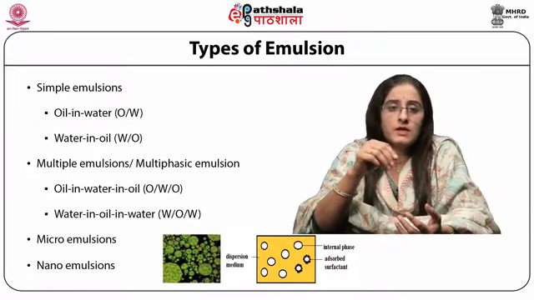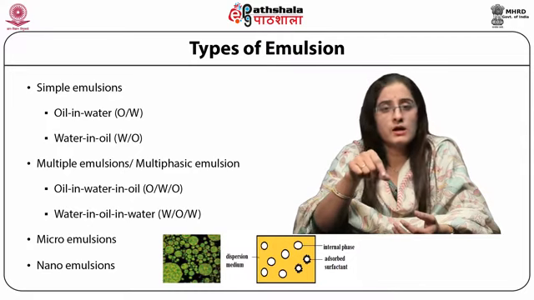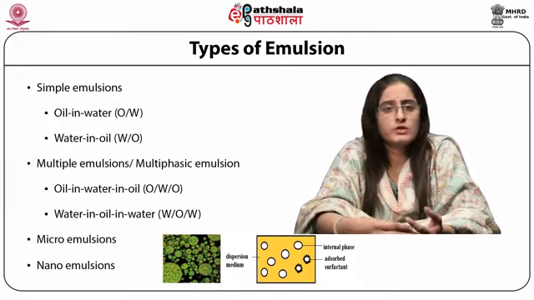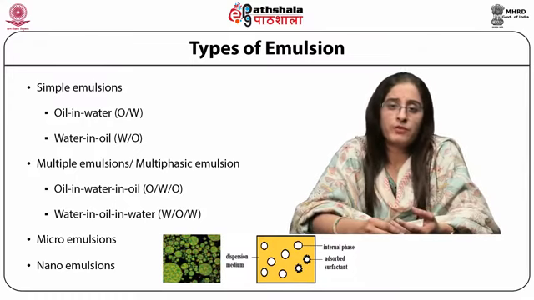So we can say the size of the globules is comparatively bigger than in the microemulsion system. Nanoemulsions also play a very important role in various applications in the pharmaceutical field.